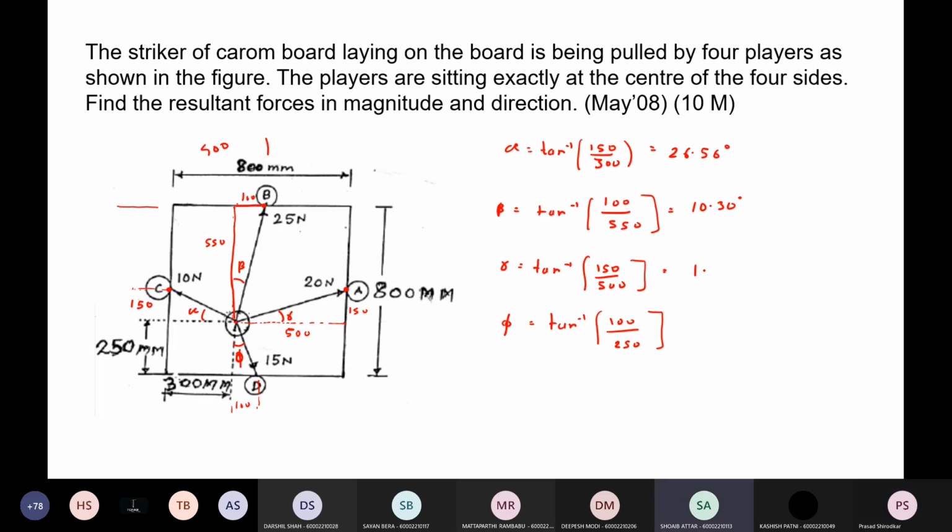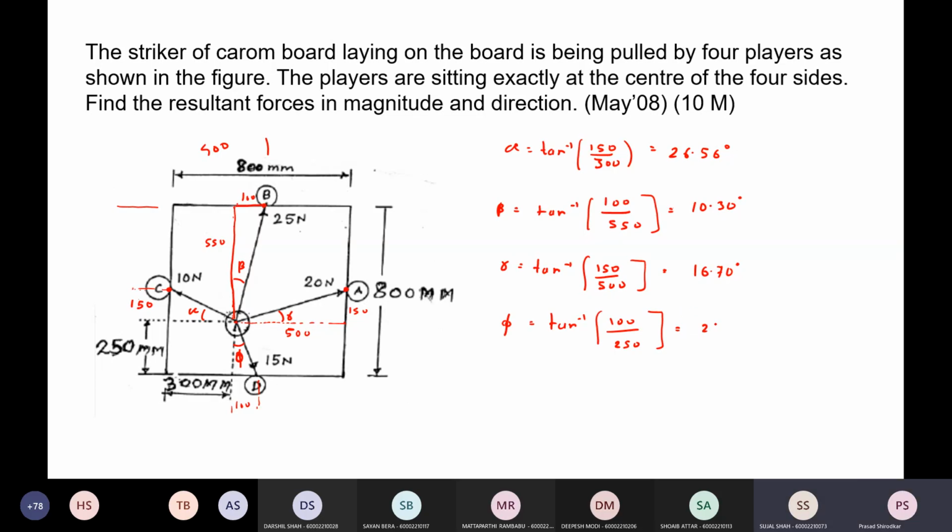Gamma is 16.69, or 16.70, I rounded off. And phi is 21.80. Correct. That is the correct value.